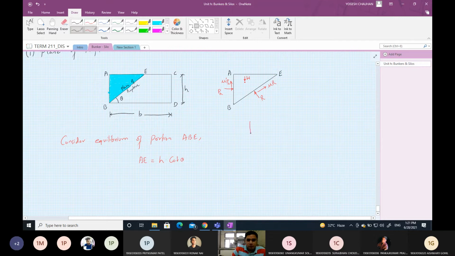Let me write all the terms here. AC is the horizontal top surface, that is this, it is the horizontal top surface. BE is the plane of rupture.